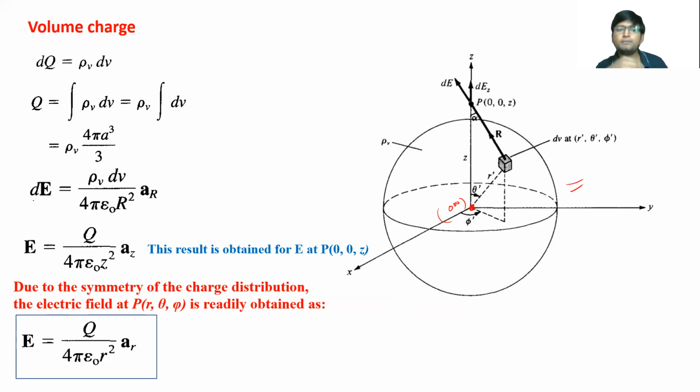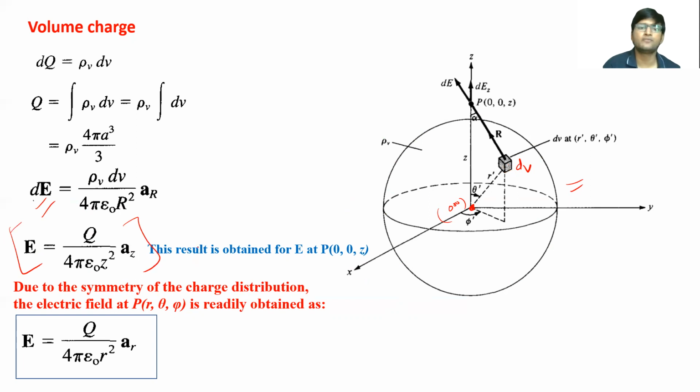So similar to the previous case, if you take a small volume element, let me call it dv, and take the integral over this whole volume and calculate your E, you are going to finally get this formula. You can do this at home, and it is also given in the book.